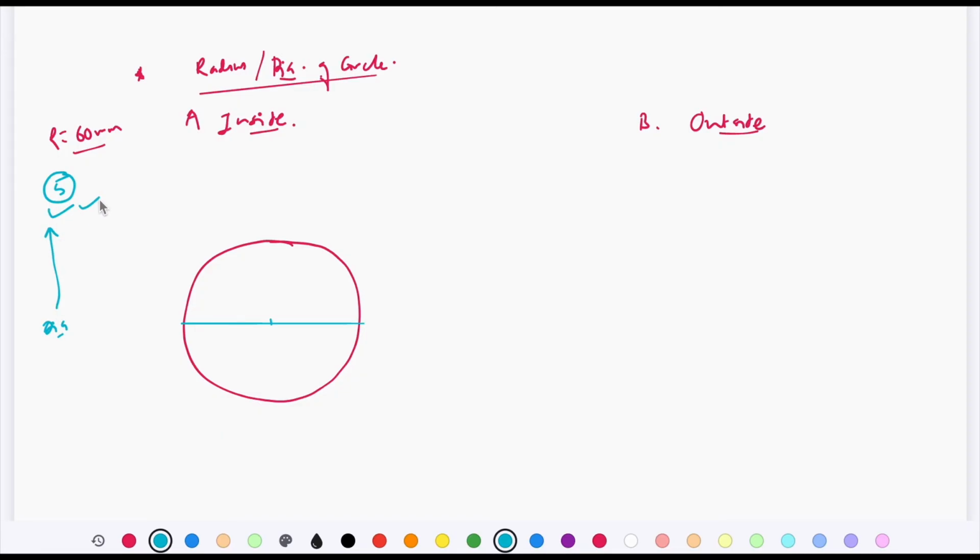I'm going to draw a pentagon, so I'll have to divide this diameter into 5 equal parts. For that, you can use the geometrical construction we saw earlier. You will have to split this diameter into 5 equal parts. So 0, 1, 2, 3, 4 and 5. So these are the 5 divisions.